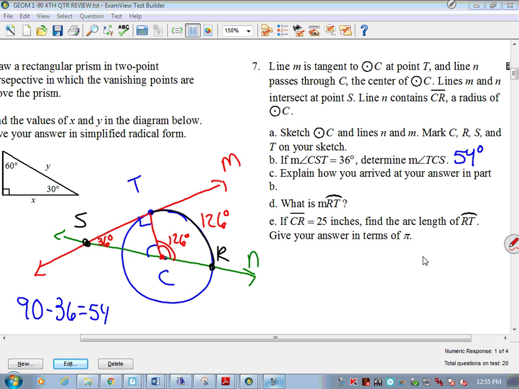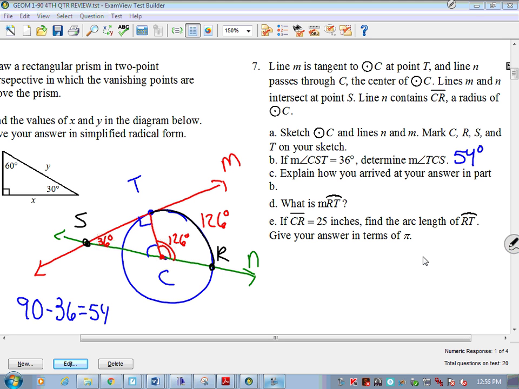The only thing that I can determine is the problem here is that if we go back up to look at statement 7, it says line N contains CR, a radius, correct, of C. The problem is that it can, well, actually, no, you very well could be right on that.